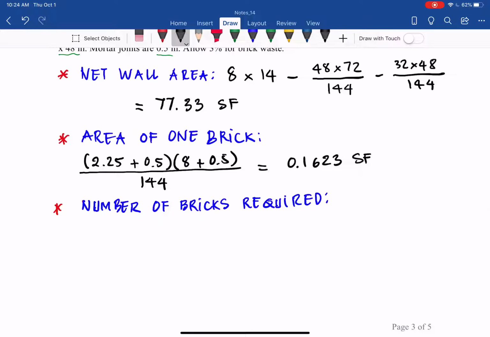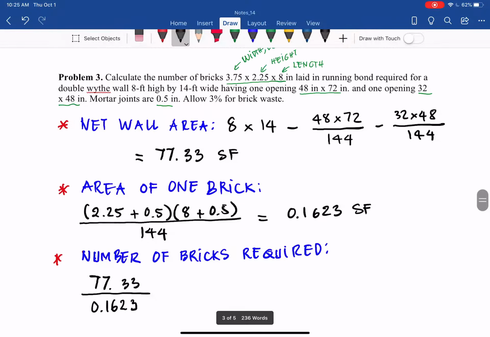So we take the net wall area, 77.33, divided by 0.1623.